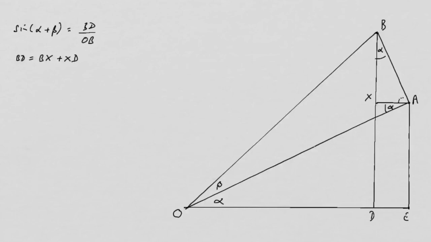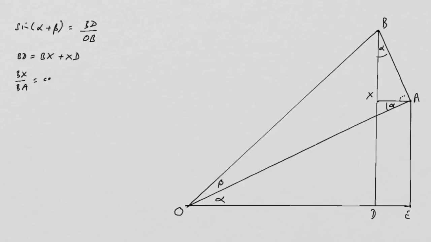Now that means that in triangle BXA we have that BX over BA is cos alpha, and therefore BX equals BA cos alpha.